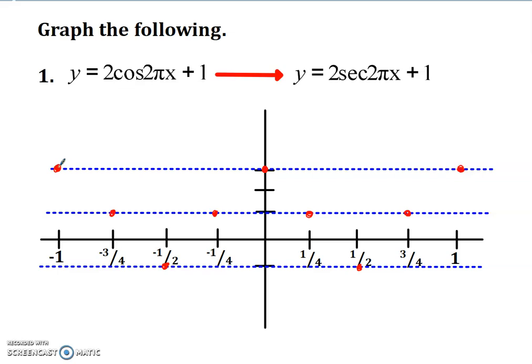Anytime you have a point on the middle dashed line, that function is undefined. So we have to place vertical asymptotes. This is true for secant and cosecant graphs. I put these vertical asymptotes, and we'll talk about writing the equations of these in the last two examples.